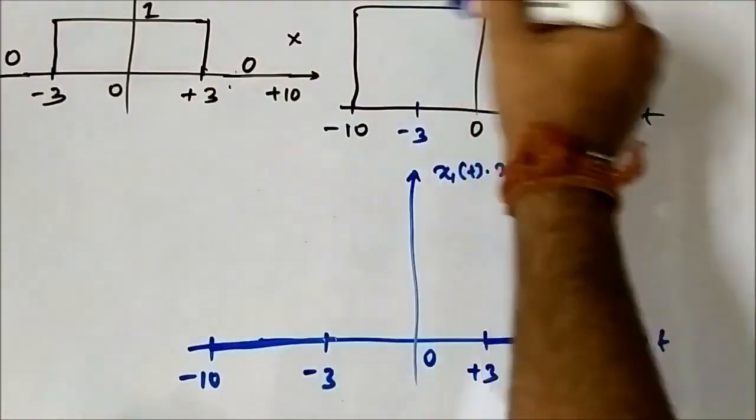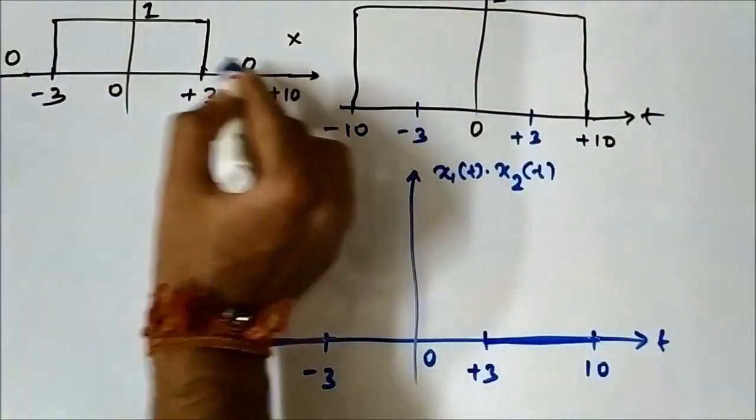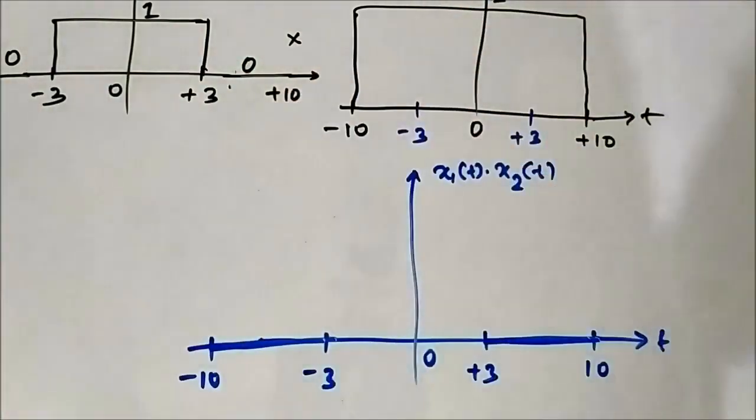Even though the value is 2 here, it is 0 there, so 0 multiplied with 2 is 0.